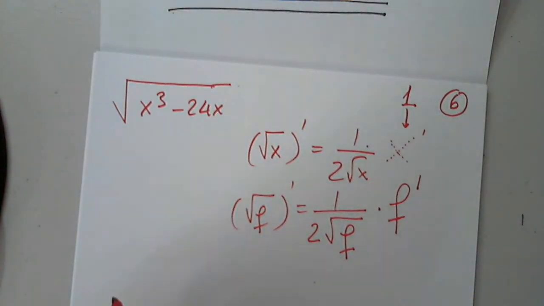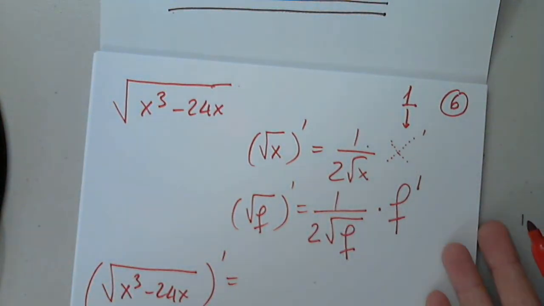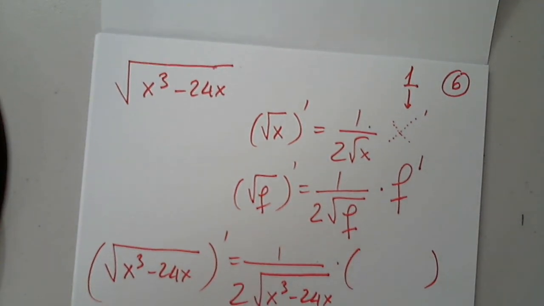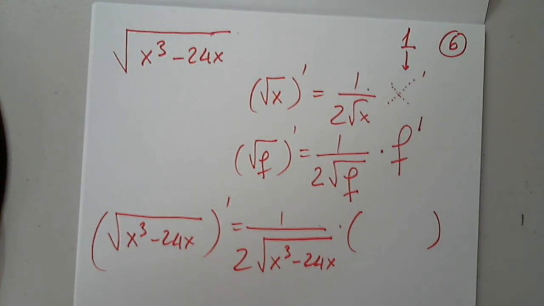So this square root of x cubed minus 24x prime, just follow the steps. 1 over 2 the square root of this times, and you must put parentheses, otherwise it will make no sense. It will not be correct.